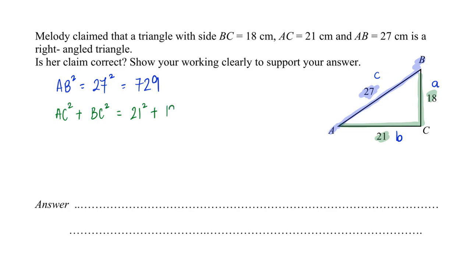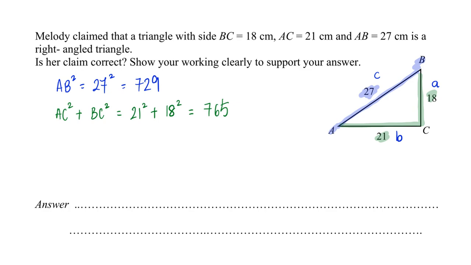Well, if they give me back 729, then this is indeed a right angle triangle. But it turns out they give me 765, which is not 729. And therefore, with this, I am then able to conclude that her claim is actually incorrect.